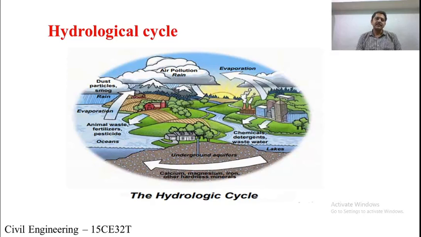When these droplets combine together and become heavy, they precipitate on the ground. This precipitated water moves from higher areas to lower areas and becomes surface runoff. If there are ditches or some obstruction, it becomes ponds, and if it flows to become rivers, then it finally reaches the sea. So this is the hydrological cycle of the water.